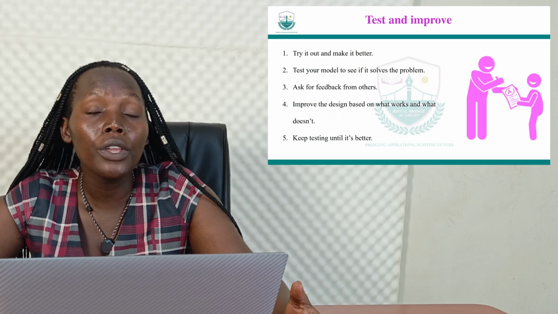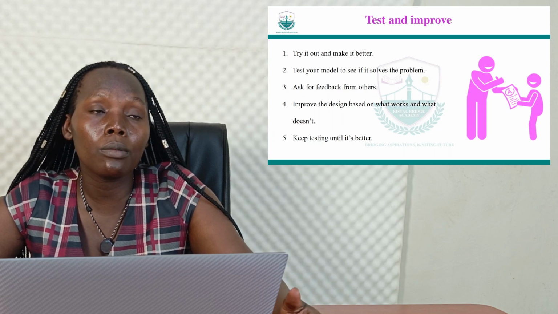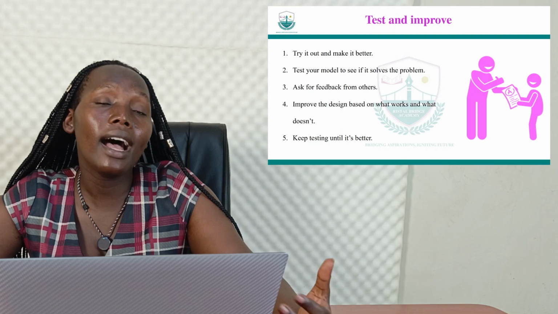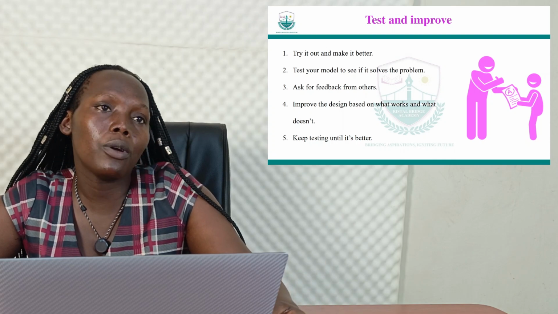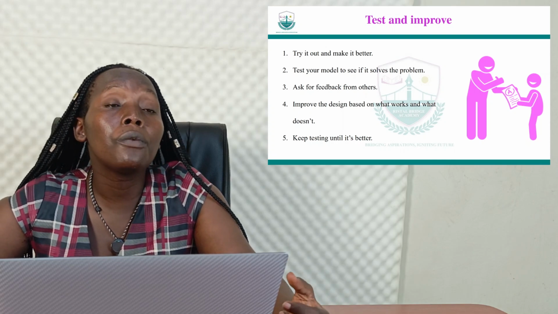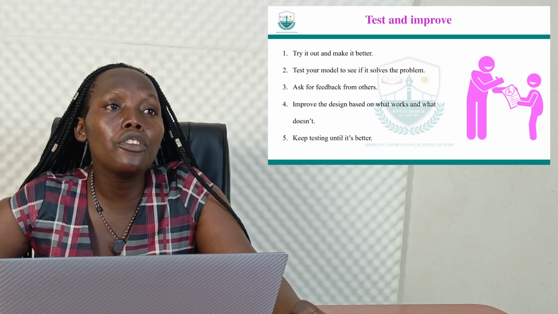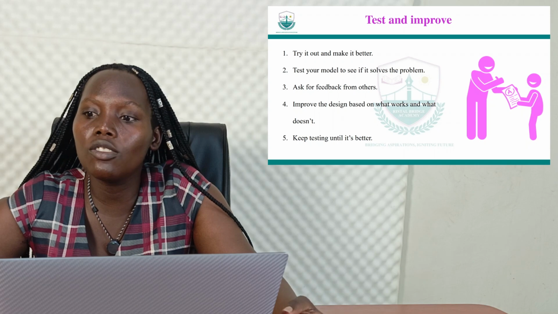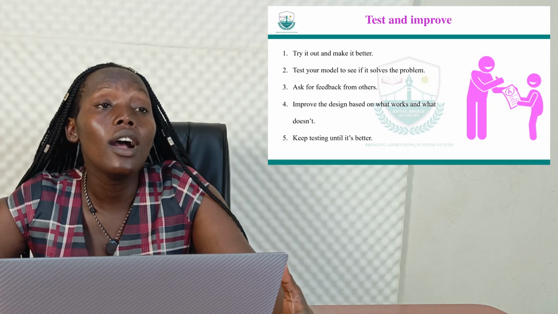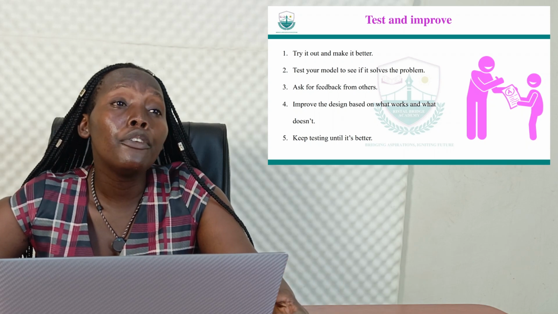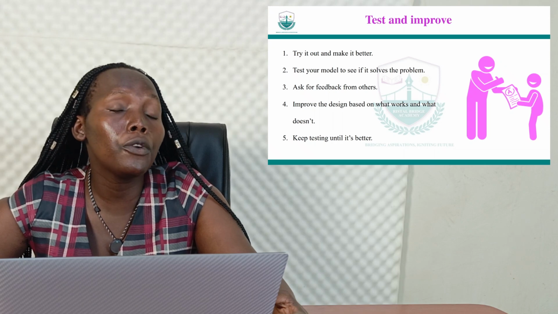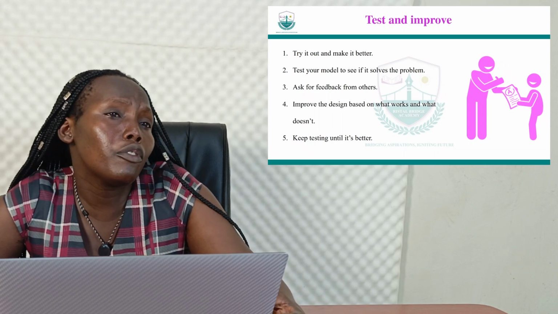What solution did John think of to solve the problem? John thought of coming up with a way to attach these water bottles so that the students cannot forget their bottles at home.